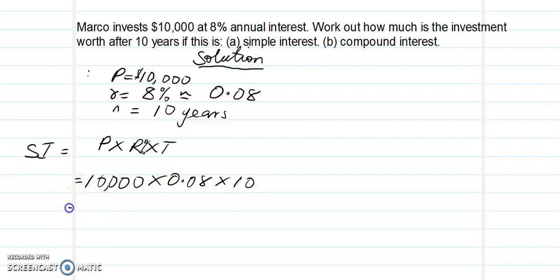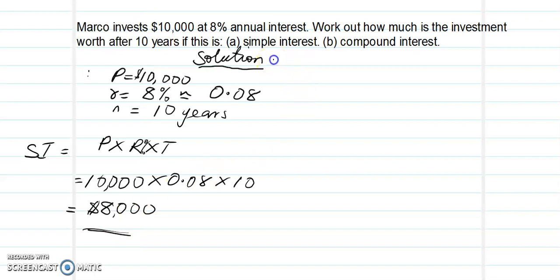Okay, so calculate that. What do you have? Check. $10,000 times 0.08 times 10. That gives us $8,000. So $8,000 is the simple interest.